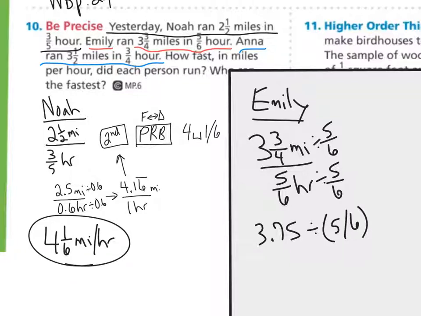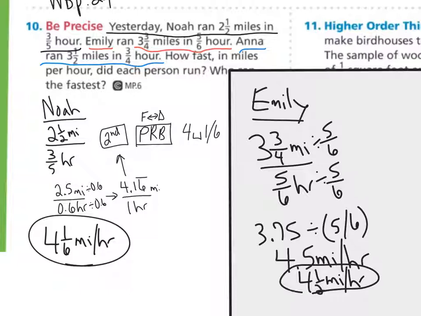And if you wanted to, we could get by doing this all in the calculator just by putting the 5/6 in parentheses. So you do 3.75 divided by, and then in parentheses 5 divided by 6, and that should give you 4.5. So 4.5 miles per hour for Emily.